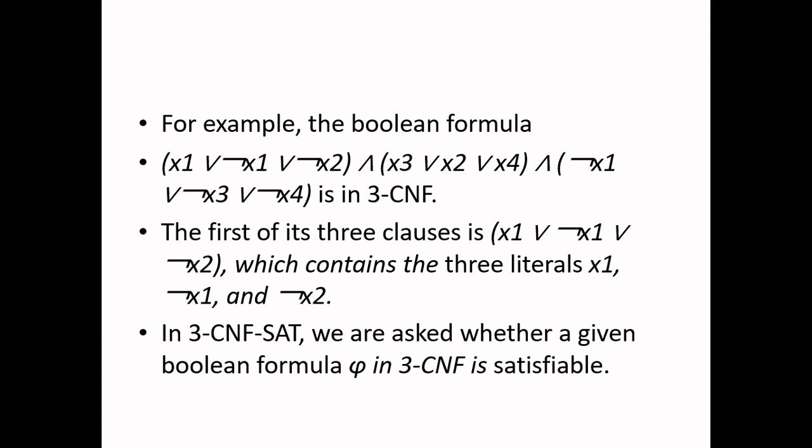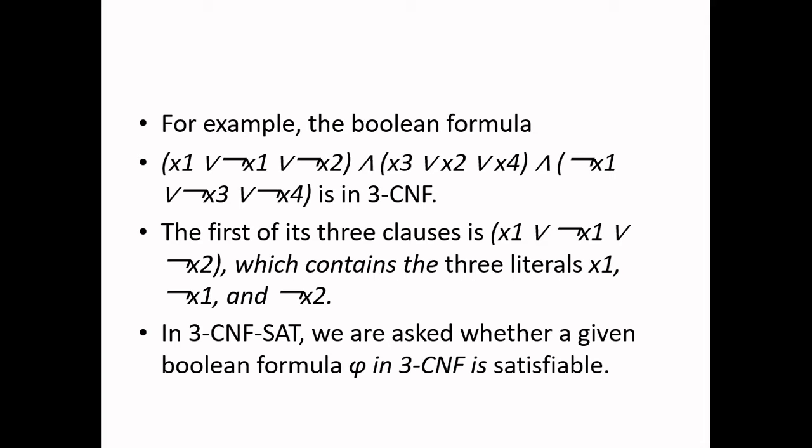For example, the Boolean formula (x1 or negation x1 or negation x2) and (x3 or x2 or x4) and (negation x1 or negation x3 or negation x4) is in 3 CNF.